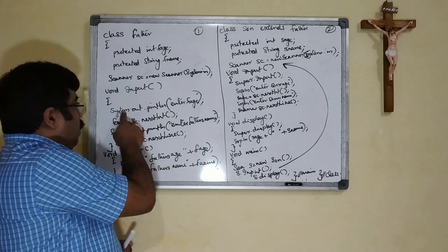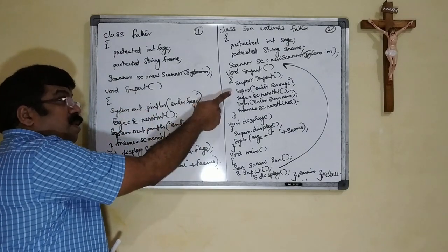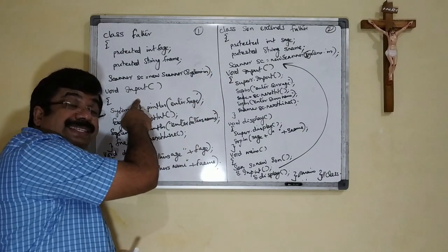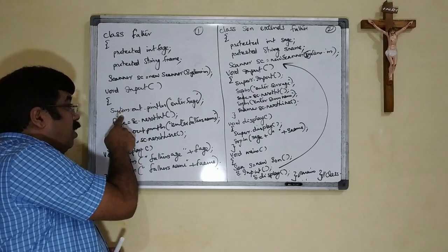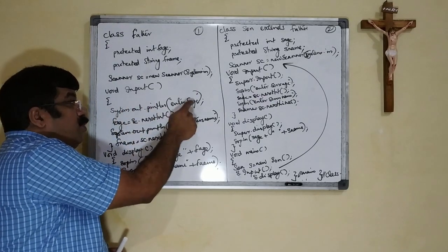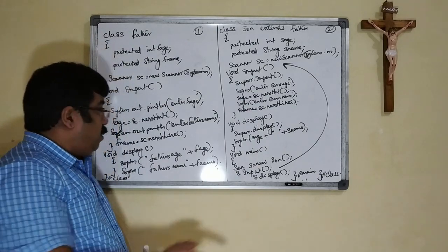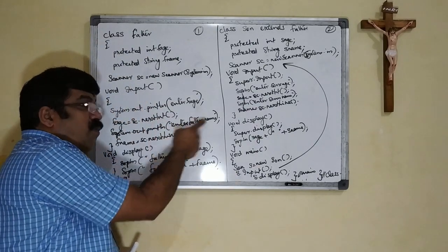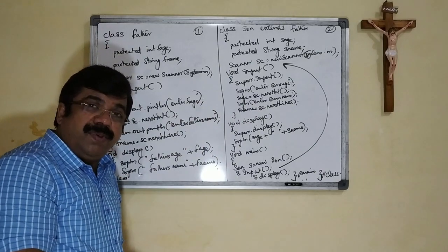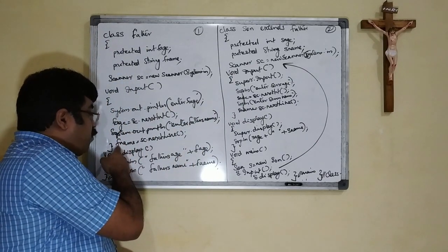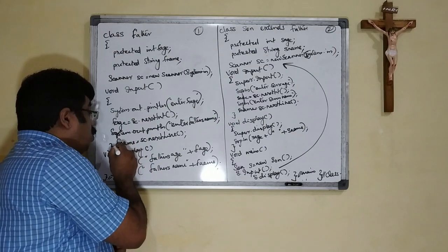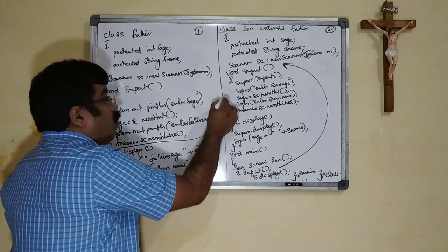Now, when we reached here from that function to the base class function, it is inputting first of all the father's age. Then it is asking for father's name. After inputting father's name, we will go back to the calling function.